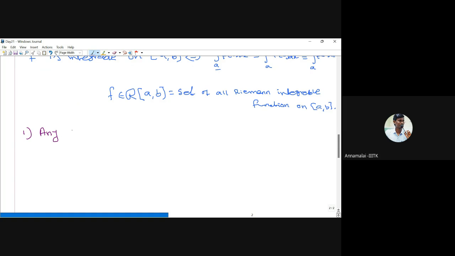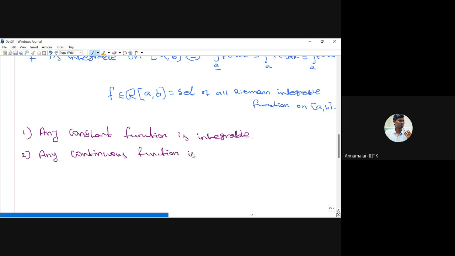So any constant function is integrable. Now, more generally, any continuous function is Riemann integrable. Any continuous function is integrable.